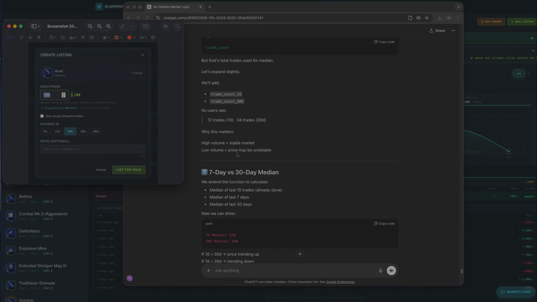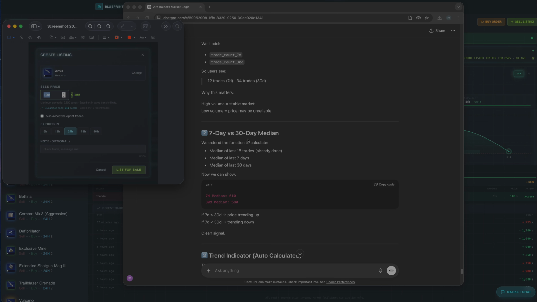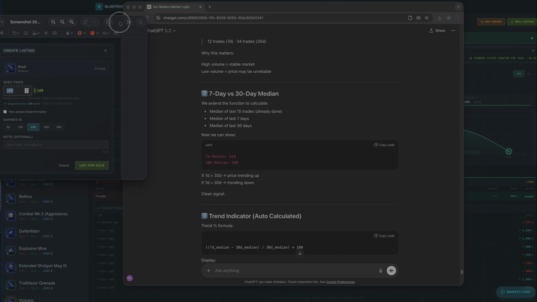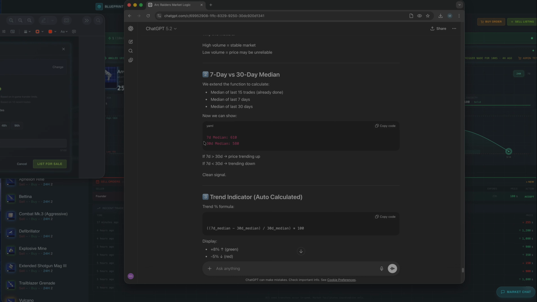Volume indicator, 7-day, 30-day median, trend indicator, up and down, market confidence score. And we'll keep the model clean. Volume indicator, trade count. We'll add users, why this matters: high volume, stable market; low volume, price may be unreliable. 7-day, 30-day median. We extend the function to calculate median in the last 15 trades.